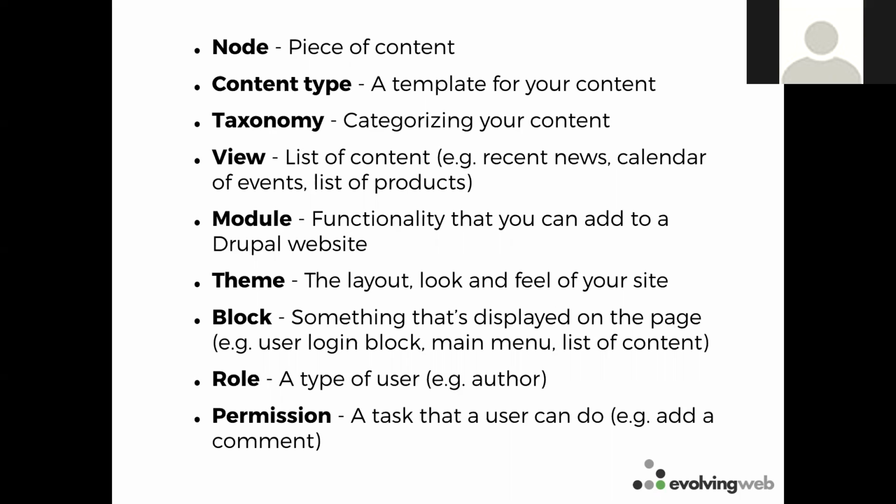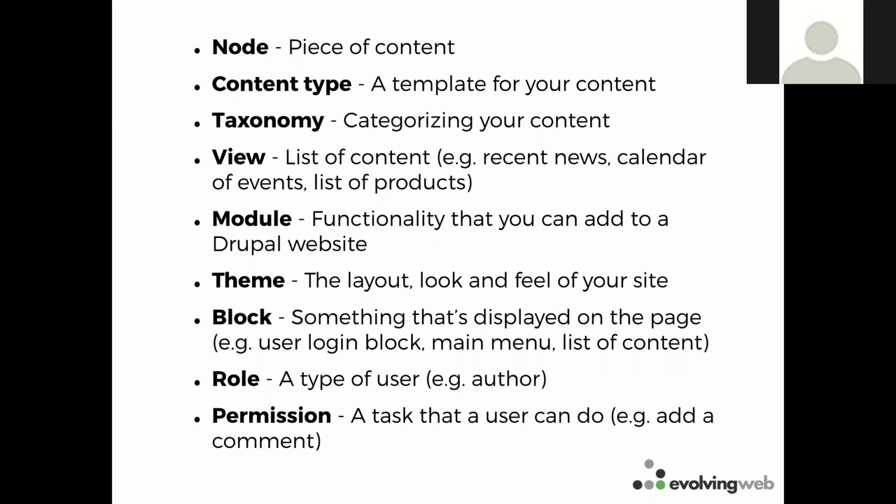But if you have hundreds of pages or thousands of pages, lots of pieces of content, you're probably going to need a better way to organize things. So taxonomy gives you that. So, for example, for courses, you might have different topics that your courses cover. So that would be one way you could categorize your content.